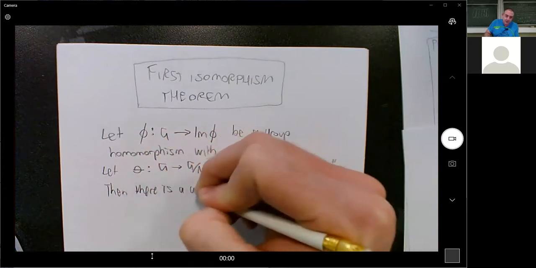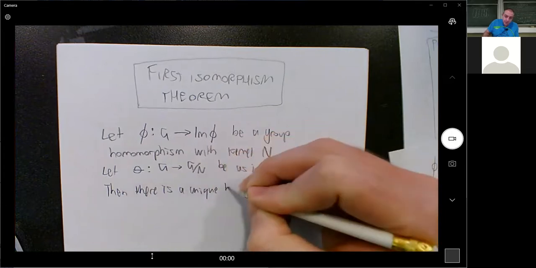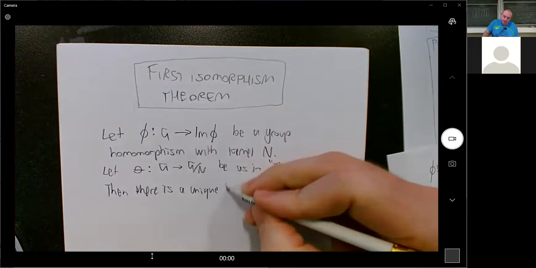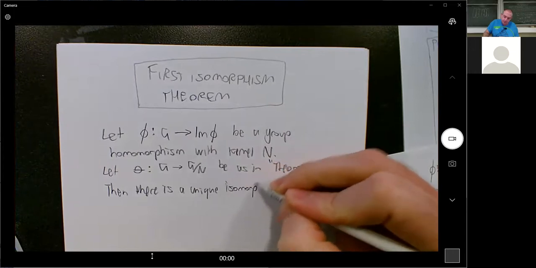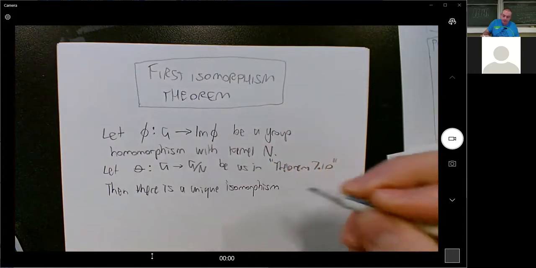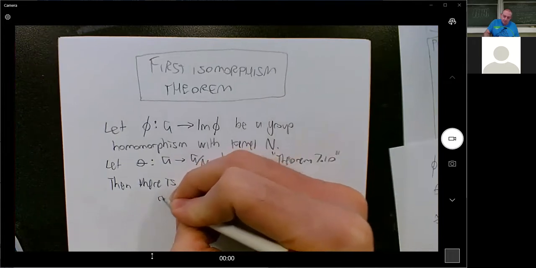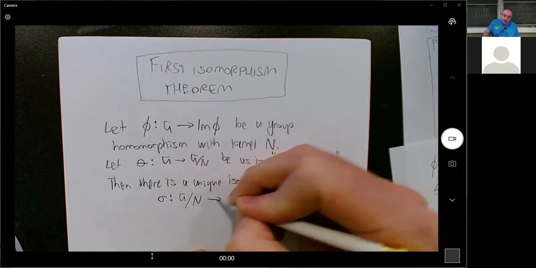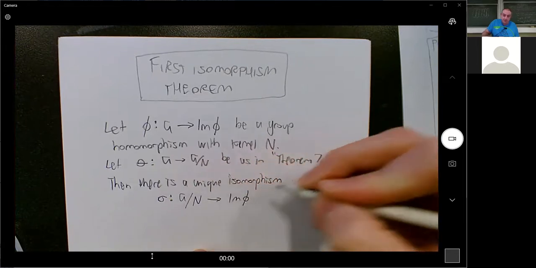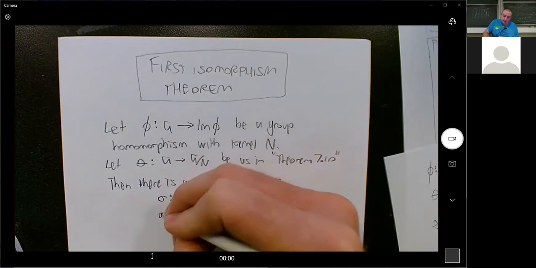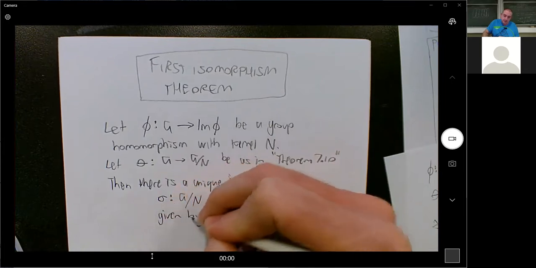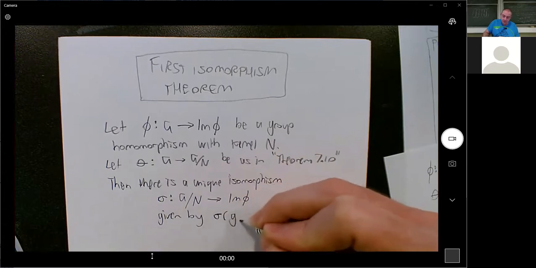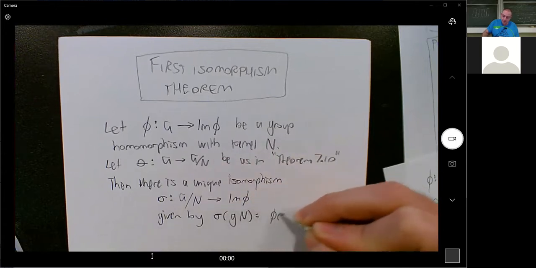Then there is a unique isomorphism sigma, which sends G factor N to the image of phi, given by sigma Gn is phi of G.